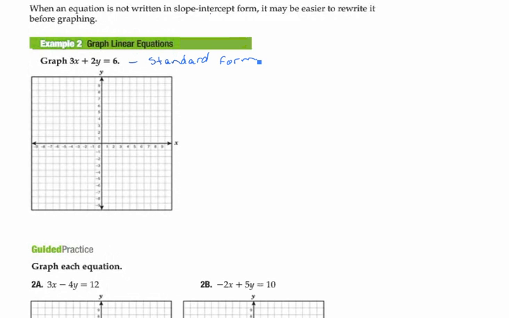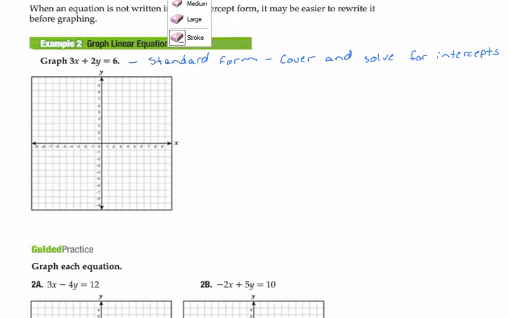So if it is in standard form, this is when we should cover and solve for intercepts. So much easier than having to spend a whole bunch of time moving things around. So for just a second, we're going to do standard form, and then we're going to write it in slope-intercept form, and we're going to compare our answers.